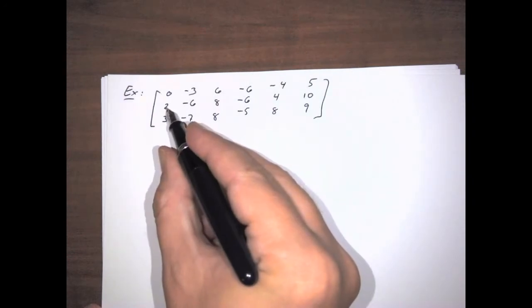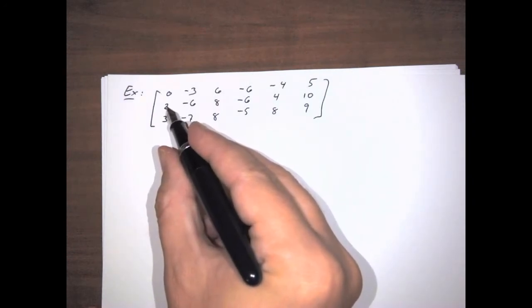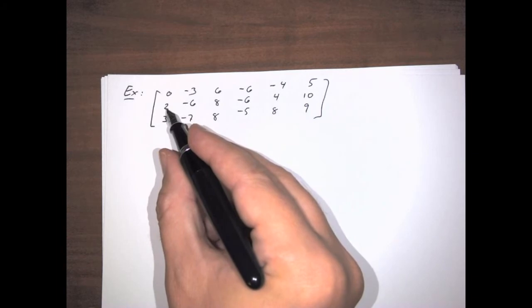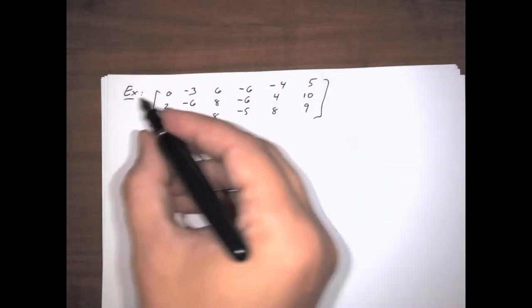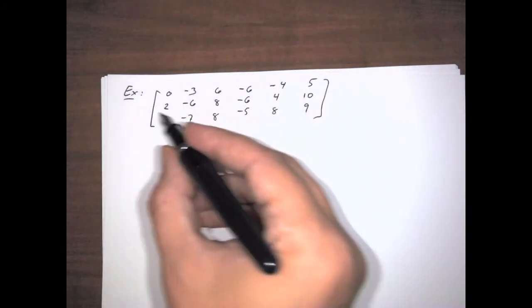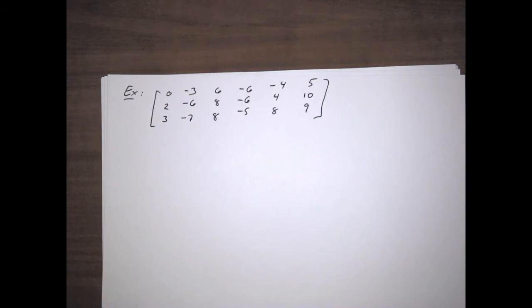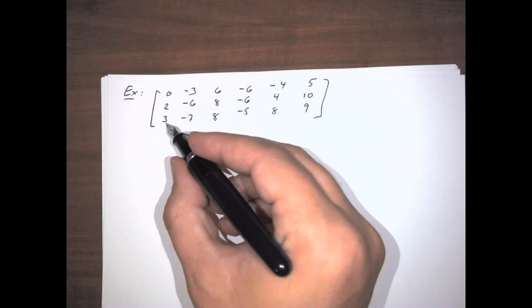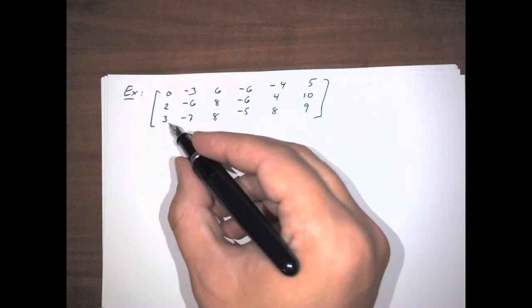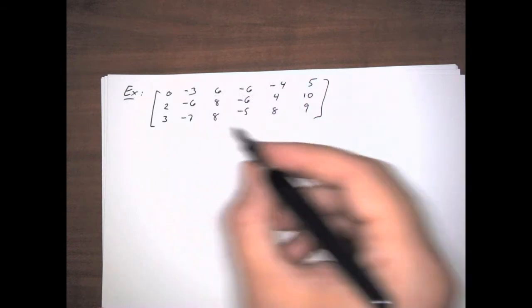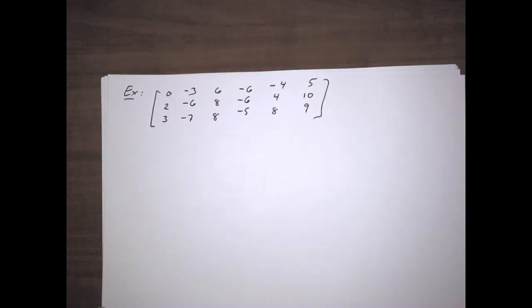If we wanted to scale this one to make a leading 1, we'd be dividing it by 2. If you look at the entries, they're all even, so we could divide them evenly by 2, no problem. Here, however, if we wanted to scale this one, we'd have to divide them all by 3, and these aren't all multiples of 3, so it's not going to be as convenient.